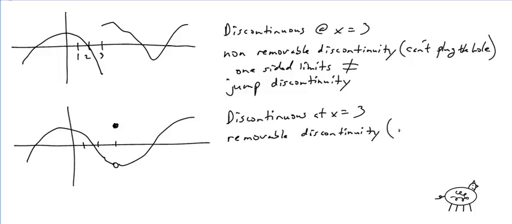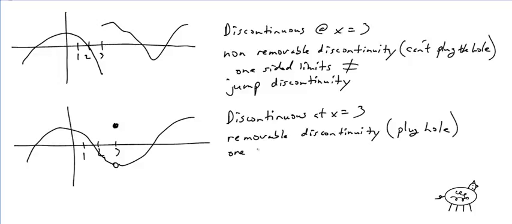Okay, because we can plug the hole. Interesting how we use the word hole. We can plug the hole. All right, so that's exactly what that is at x equals 3. It's a hole there. So it's removable. I can actually assign a value to make it a continuous function. But we're going to get to that in a second here. So again, this is a removable discontinuity.